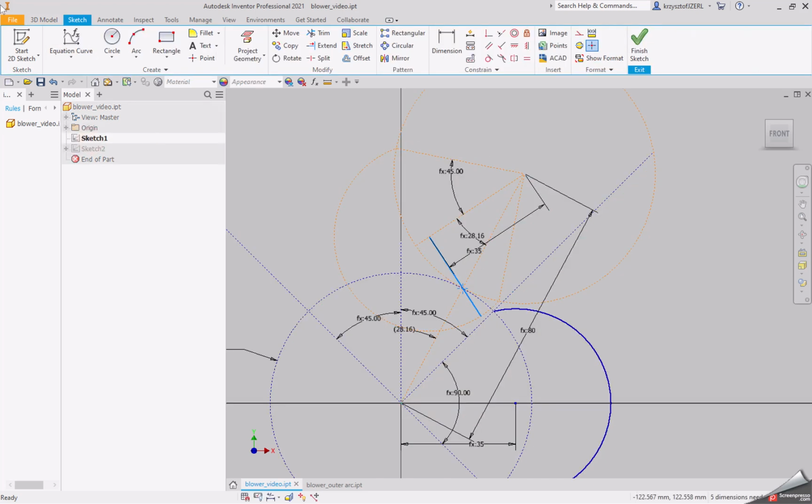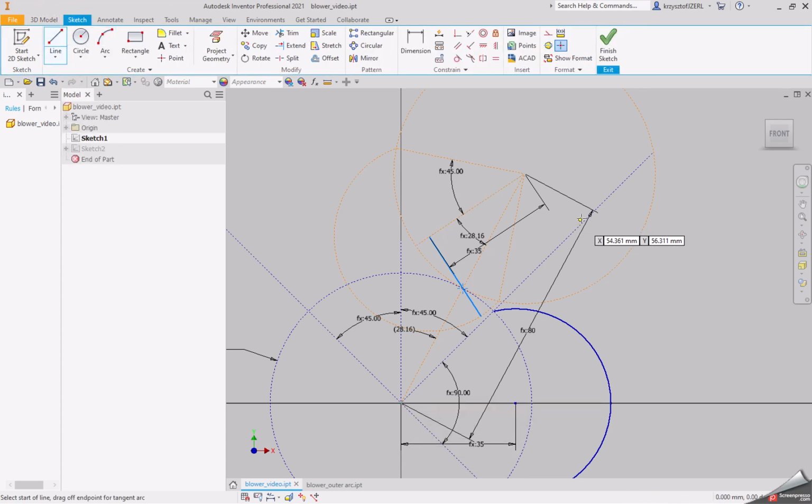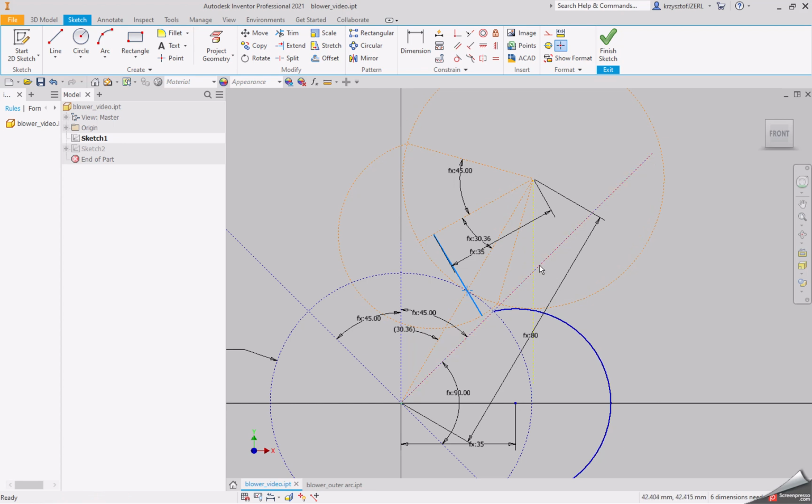I will add the vertical line here, and this vertical line will always be vertical. And we know that the angle from here to here is actually this one.